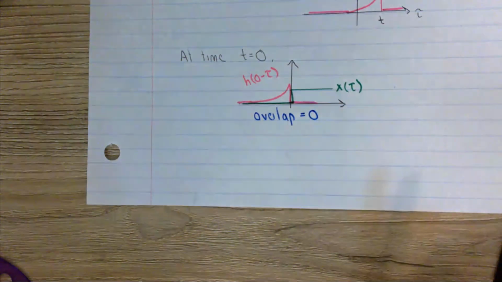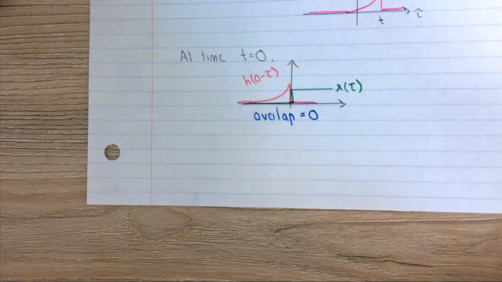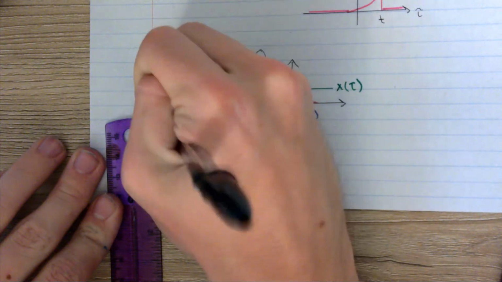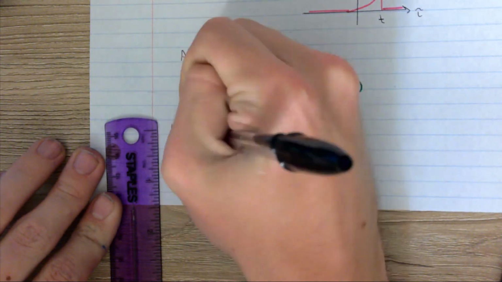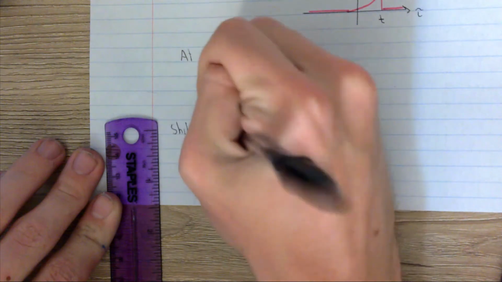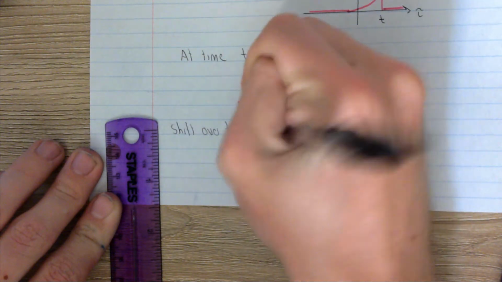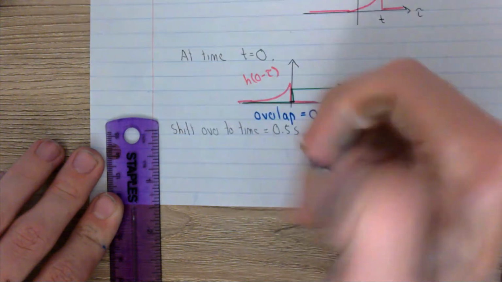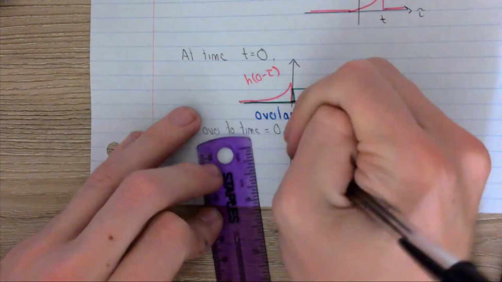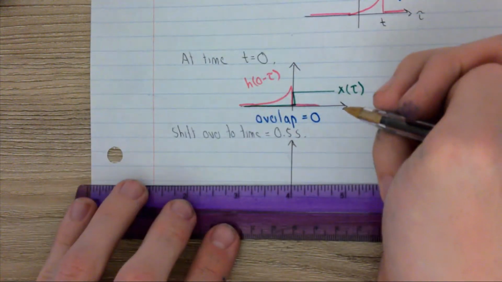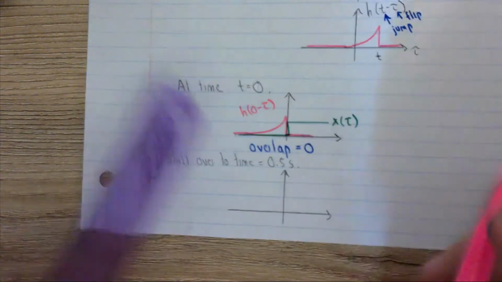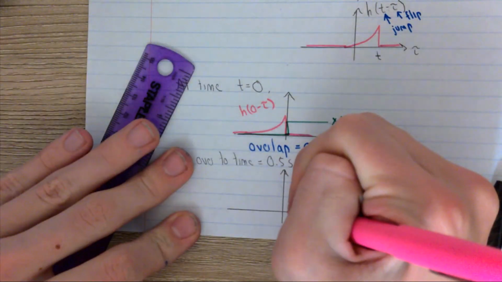Okay, let's now just move it over a little bit. So I'm just going to shift over to time equals about, I'm just going to say 0.5 seconds. I'm just eyeballing what it's going to look like, so you guys know. If we shift it over a bit, this h of t minus tau is now going to be h of 0.5 minus tau.